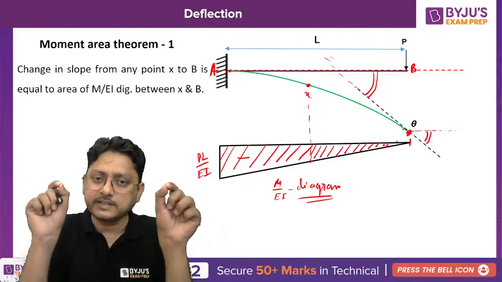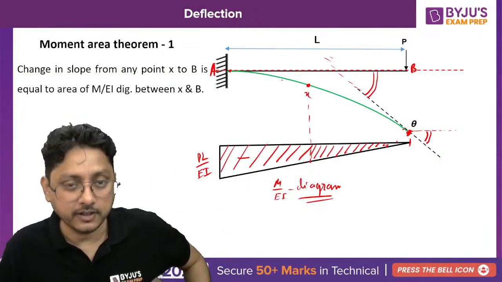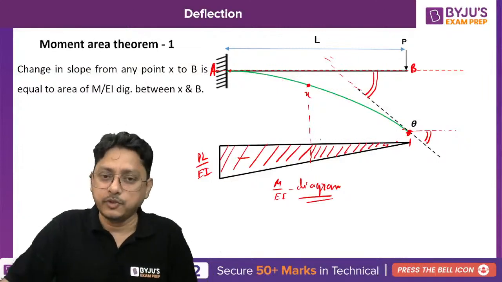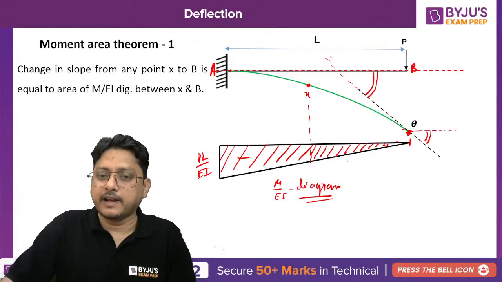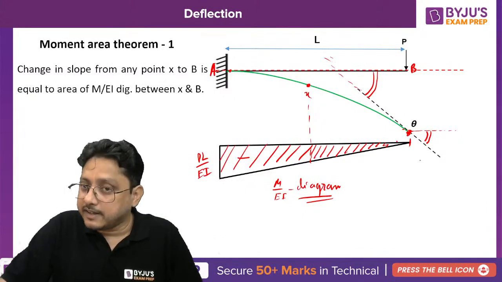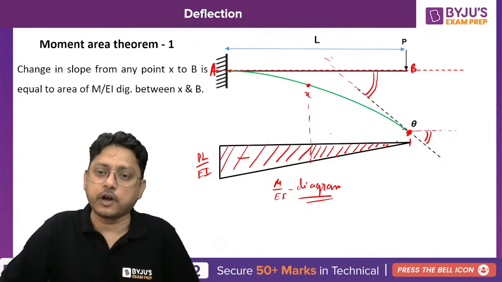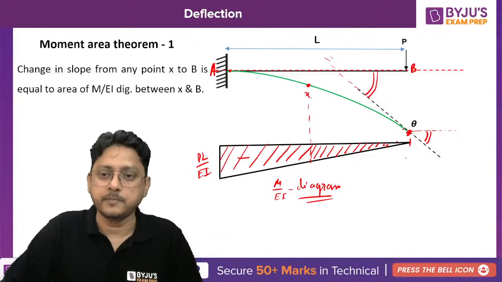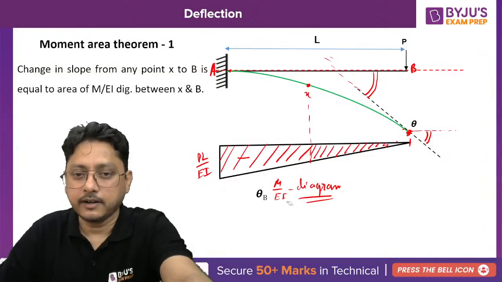So you always consider the 2 positions at the free end and the fixed end. Now you take the area of the M by EI diagram and it will give you the slope between tangents A and B, but since the slope at A is 0, you are going to get the slope at B only, right?